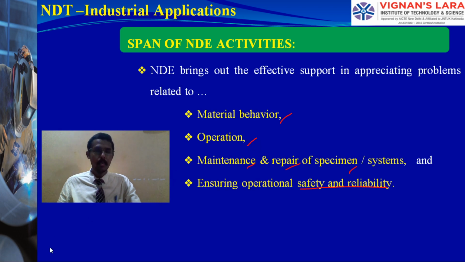Similar points. Material behavior: how far the material will behave during welding processes, how it behaves under heat, at what temperature the crack occurs. All of this we have to identify and rectify.